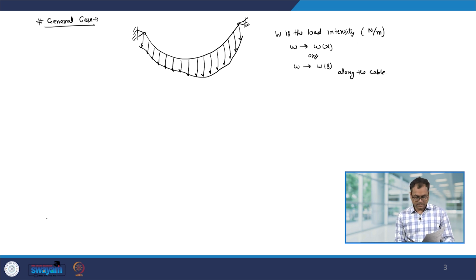So, to analyze it, let us say we consider a differential element dx, which is at a distance x away. So, the weight of this differential element will be w dx.